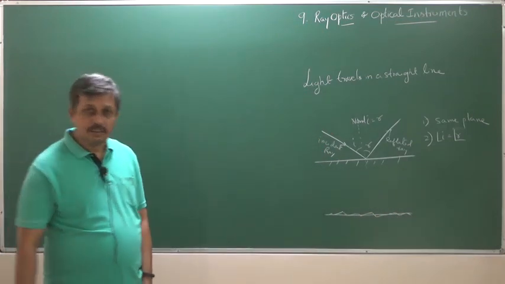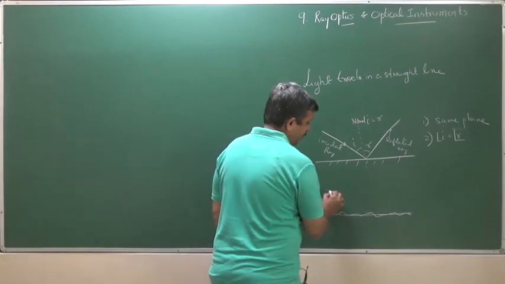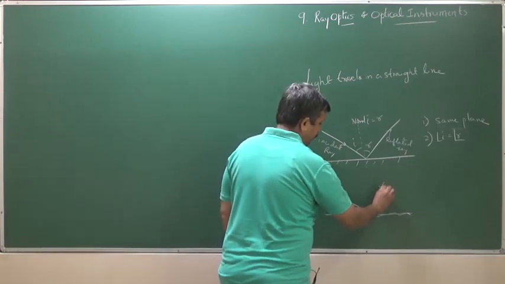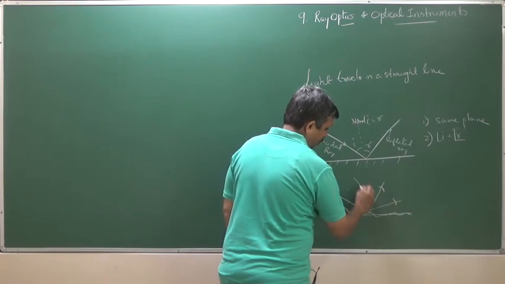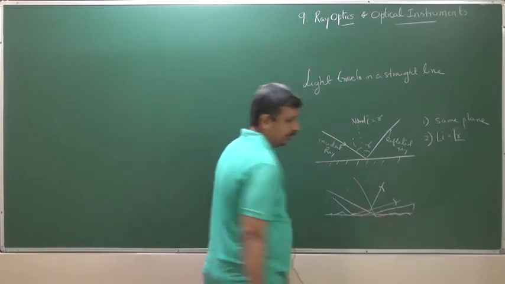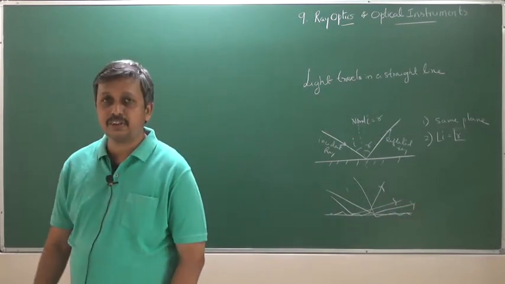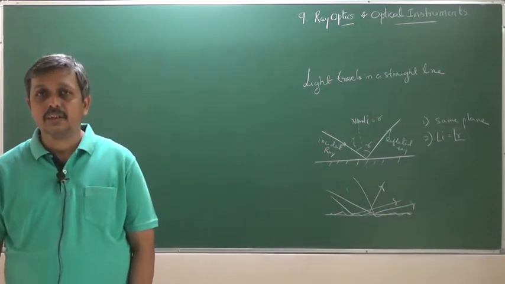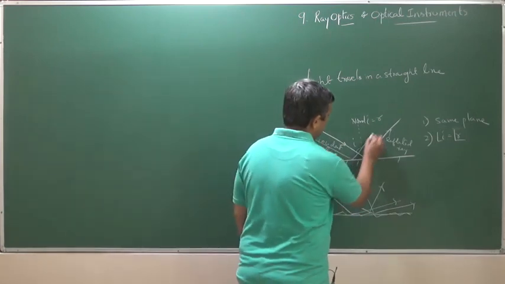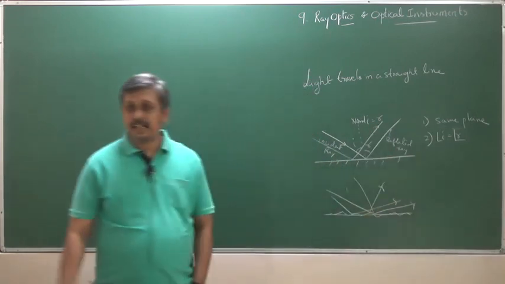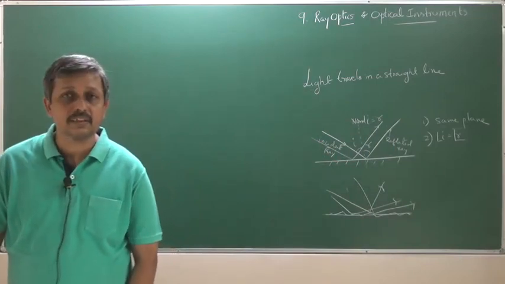On the rough wall, when the light reflects, one light ray may go here, another light ray may go here, another may go here like this. It's called irregular reflection. So this is called regular reflection. All light rays nicely follow this parallel, regular reflection.